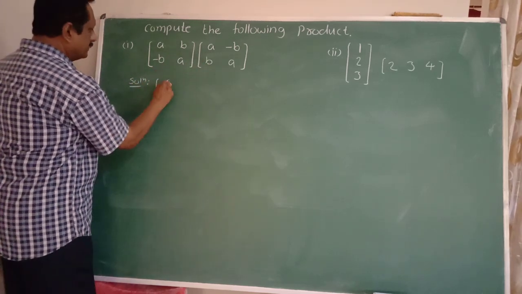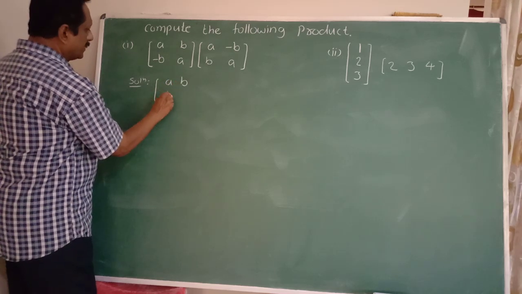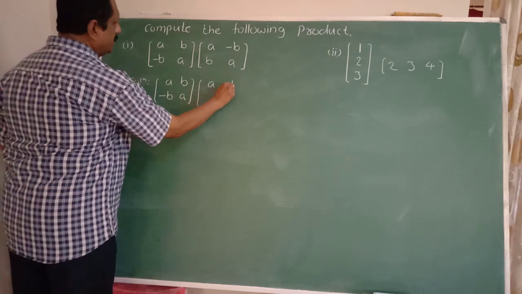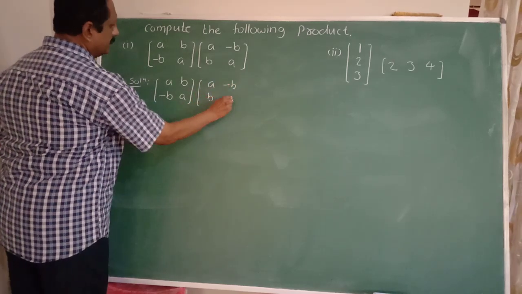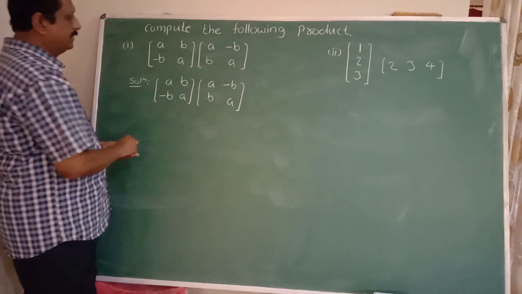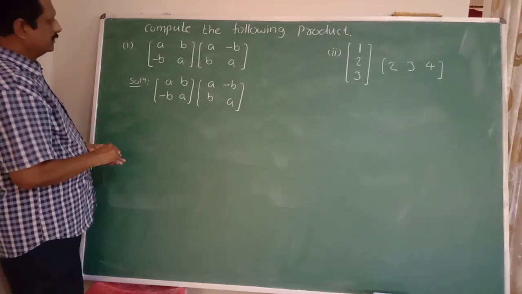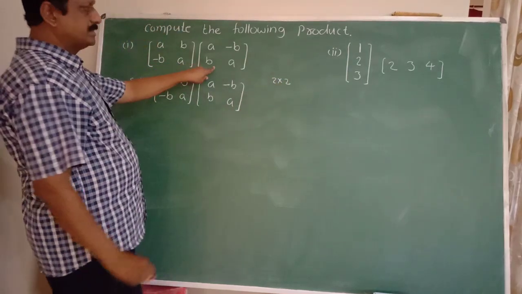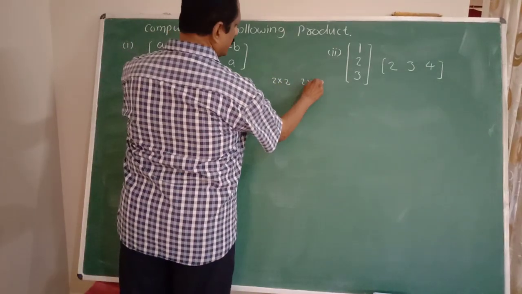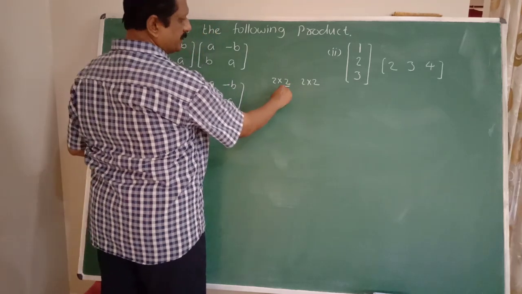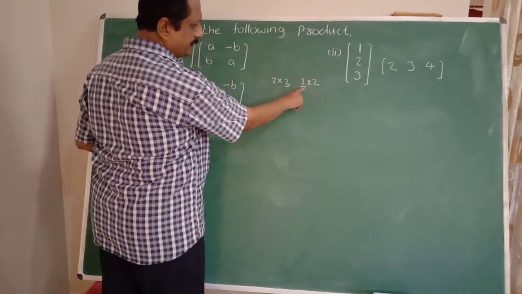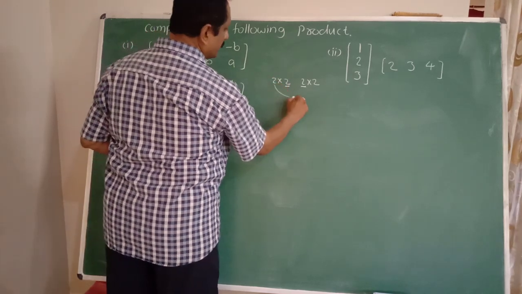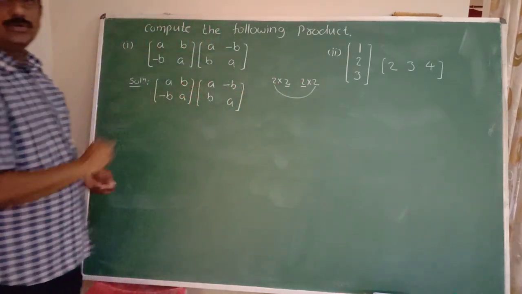First write the given matrices: AB minus BA into A minus B and B A. Here the first matrix is of order 2 into 2, and the second matrix is also of order 2 into 2. The number of columns of the first matrix is equal to the number of rows of the second matrix, so you can multiply. After multiplication you will get a matrix of order 2 into 2.